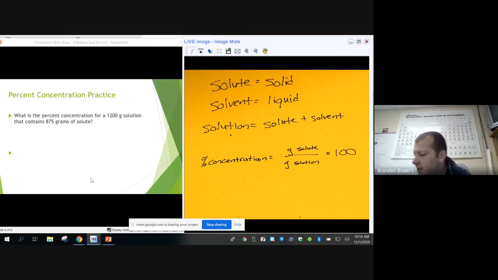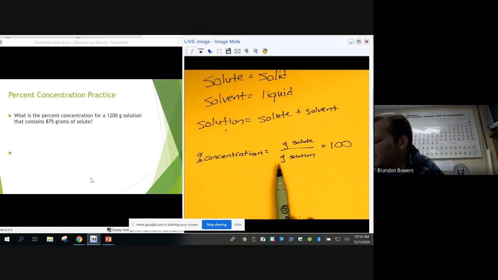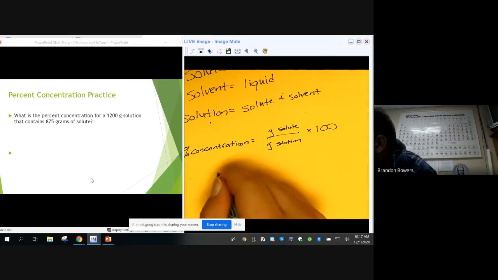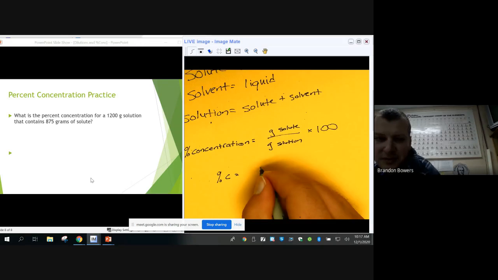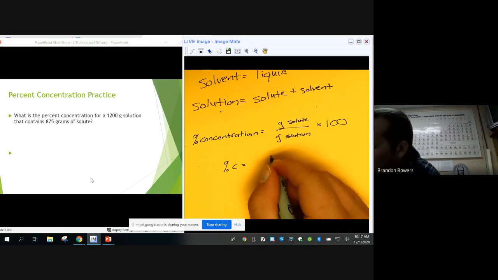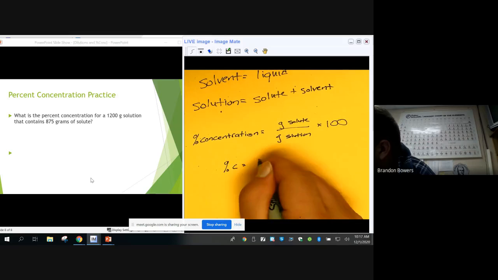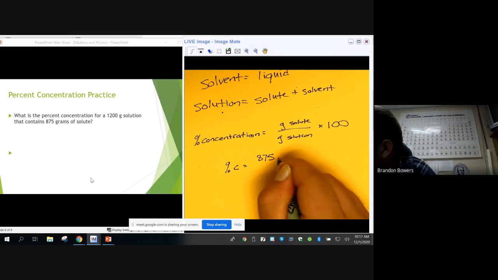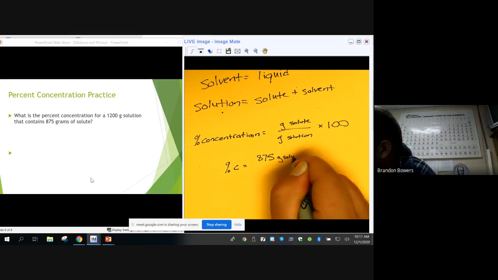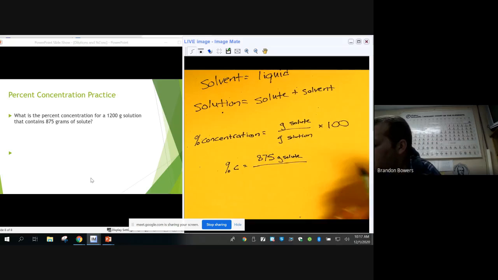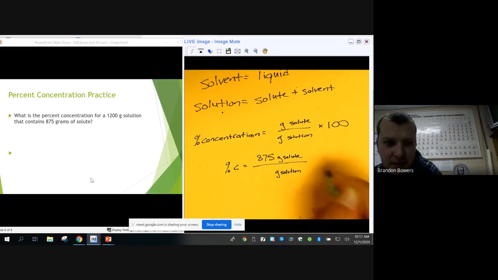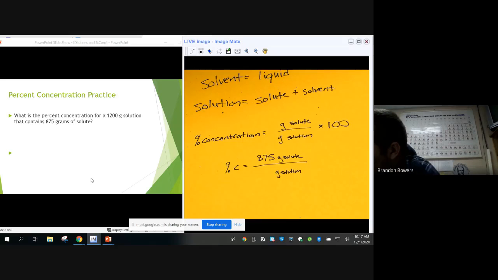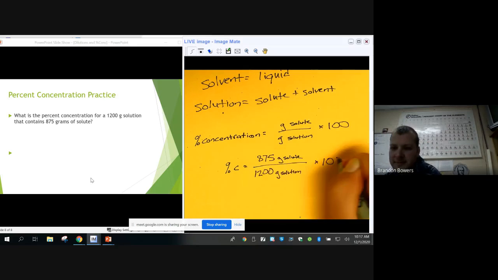Okay, so in my equation, percent concentration is equal to the grams of the solute. Well, I have 875 grams of solute, all right, over the grams of the solution. Well, grams of the solution is 1,200 times 100, right?